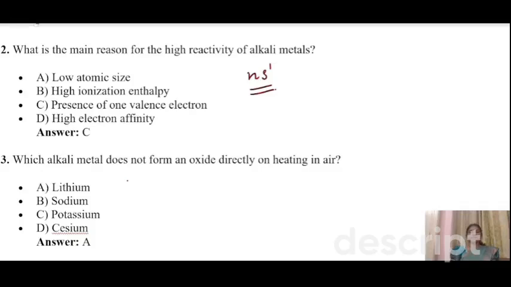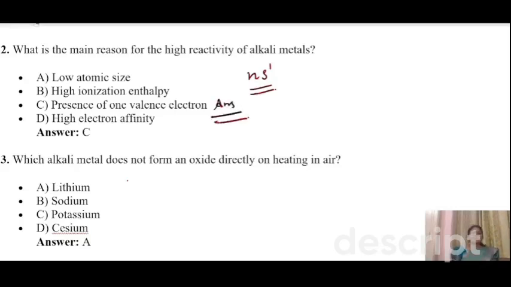Therefore, alkali metals are highly reactive and readily give up the outermost electron to form compounds. The main reason for high reactivity is the electronic configuration, the presence of one valence electron. This is the answer.